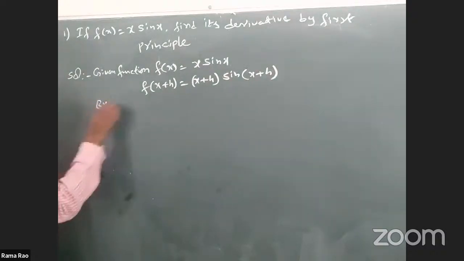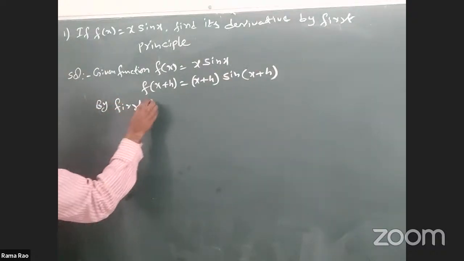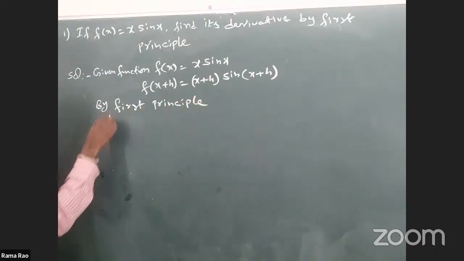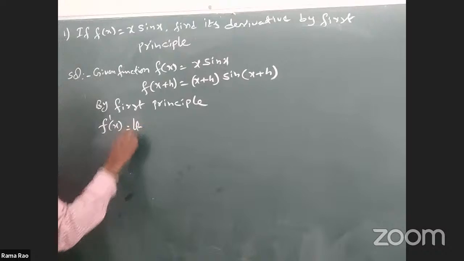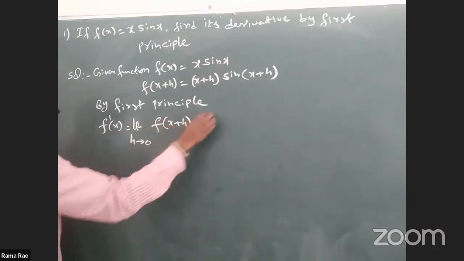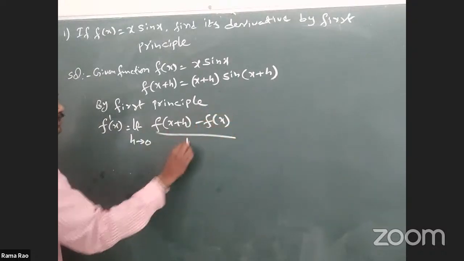By using the first principle, f dash x is equal to limit h tends to 0, f of x plus h minus f of x by h.